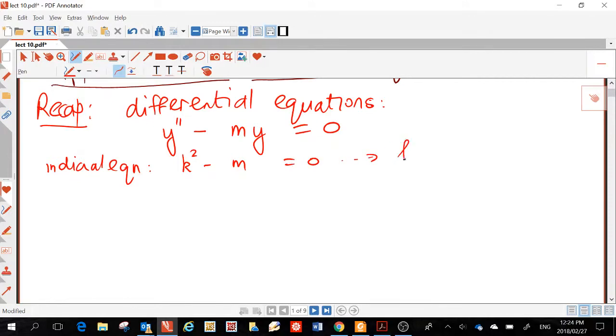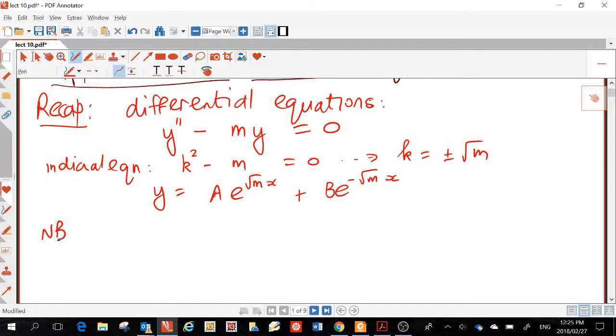You solve that, you get k equals plus minus root m. And then the solution would be a e to the root mx plus b e to the minus root mx. Does it ring a bell? Okay, so that's the general solution of that equation.